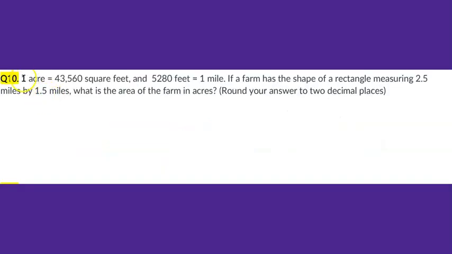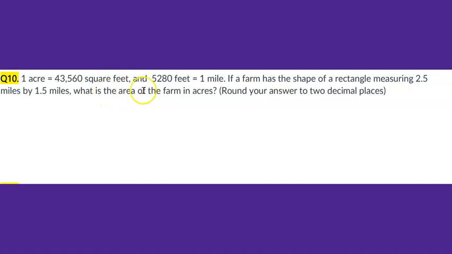Next question. 1 acre equals 43,560 square feet, and 5,280 feet equals 1 mile. That's the given. If a farm has the shape of a rectangle measuring 2.5 miles by 1.5 miles, that's the area. You can find it using these two numbers.